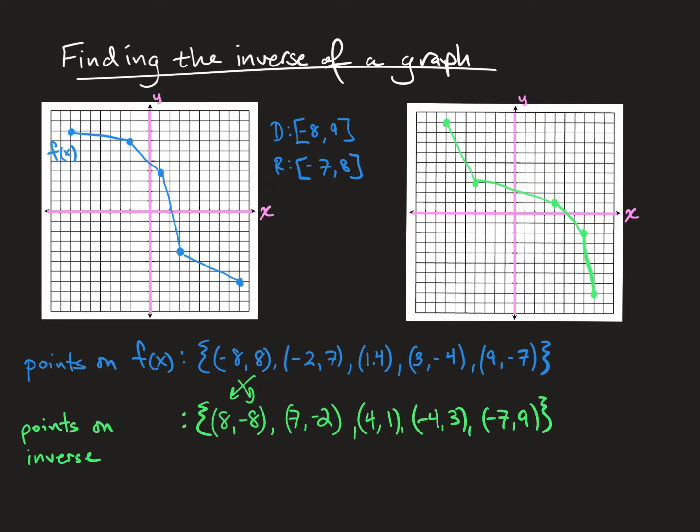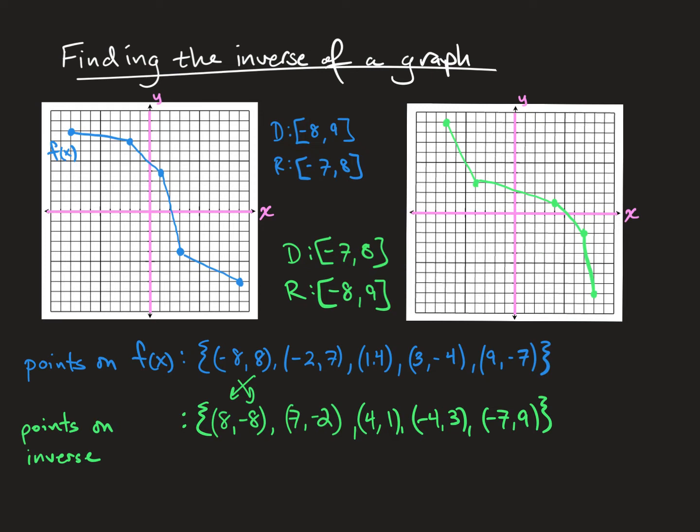Now, one thing I want to point out here is that the domain and range of this new inverse graph are like this. The domain is from -7 to 8, and the range is from -8 to 9. And you can see, maybe from the domain and range up here, that they just swapped positions, which matches up with the big idea.